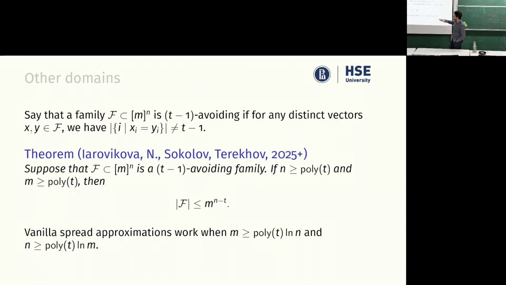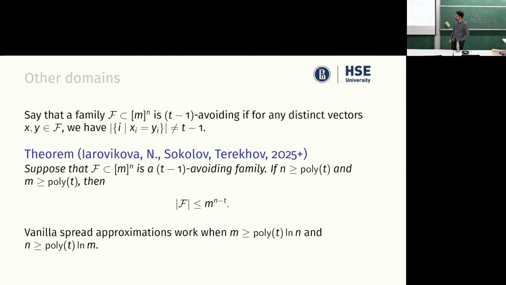So, for example, there is a result of Lisa, Gosha, Sokolov, and Kolya Terehov for families of codes. And the idea is just to apply a measure boosting algorithm using some semigroups inside, so that from m to the power n you go to something else iteratively, boosting the measure of F inside new domains.